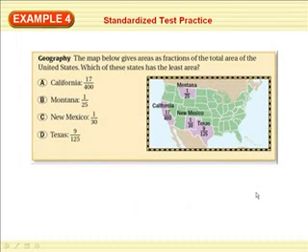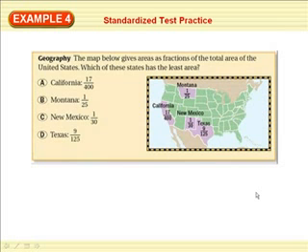Okay, example number 4. The last example says, the map below shows areas as fractions of the total area of the United States. Which one of these states has the least area? 17 400ths, 1/25th, 1/30th, or 9 over 125. So what I think they want us to do is change these to decimals.